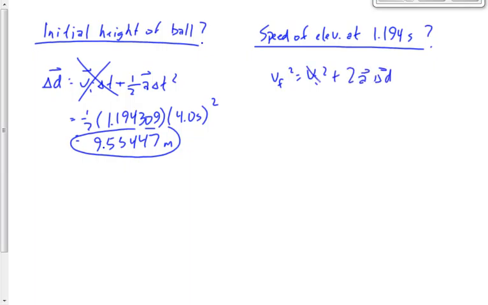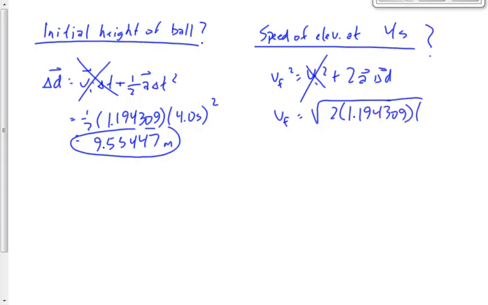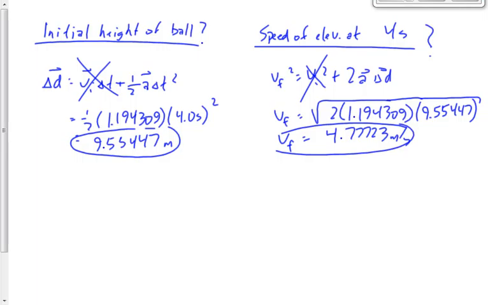Again, initially the elevator was at rest at the beginning of this problem, so it becomes VF is equal to the square root of 2 times the acceleration, 1.194309, times the displacement of 9.55447. Gives me 4.77723 meters per second. So that's how fast the elevator is moving when it gets to that height.